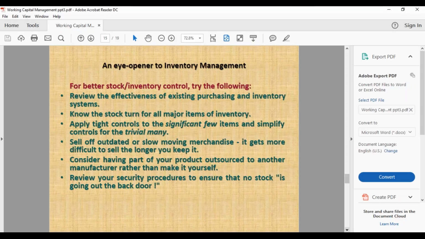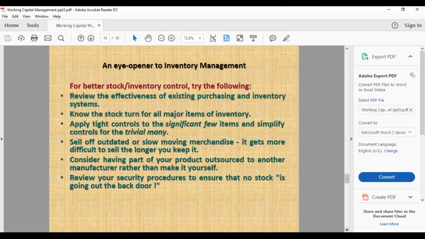Like if you are running a grocery, then you have to find out what the major items are that you're ordering and how much stock you have. Apply tight controls to significant few items and simplify controls for the trivial many. So you have to apply tight control for the important items, and for not so important items, you have to simplify the controls.